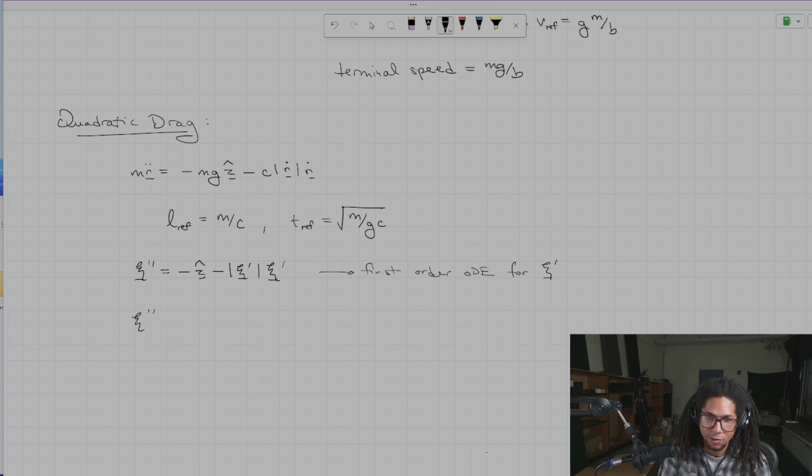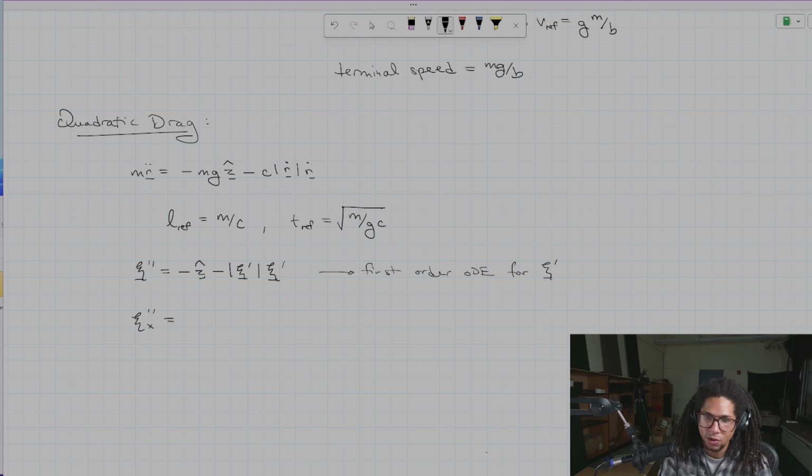Let me assume that I only have x and z in this case. I'm going to ignore the y direction and just put this motion in the xz plane.